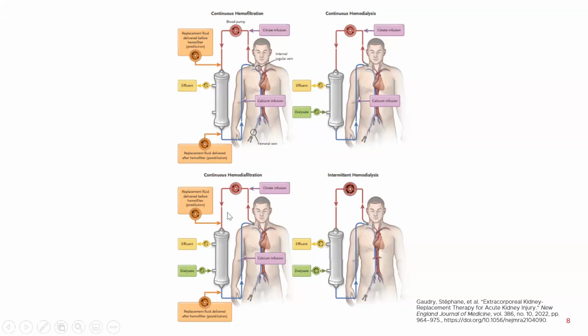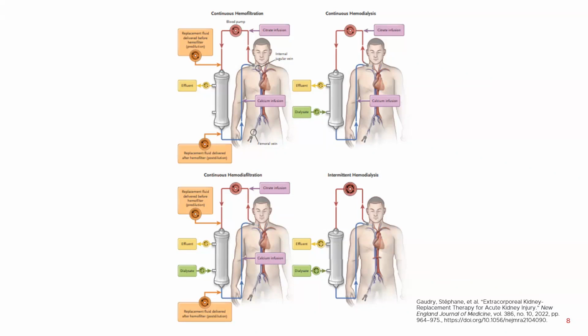In the bottom left-hand corner of the screen is a mixture of both the hemofiltration and the hemodialysis, so it's CVVHDF. It requires both a dialysate solution and a replacement fluid in order to replace these fluids that are being lost in the dialysis.